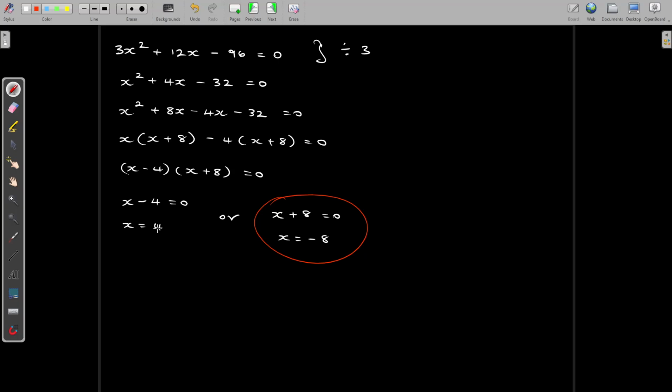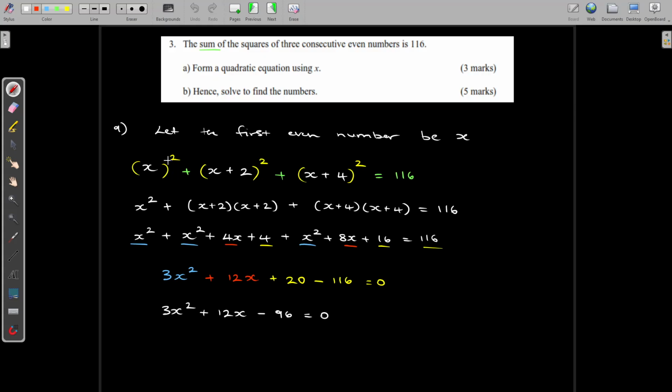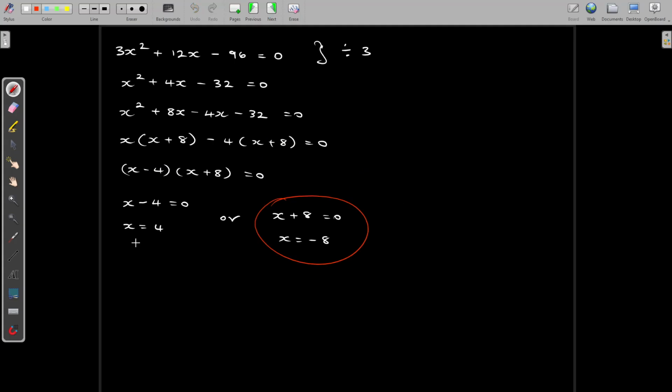So we said that x is equal to 4. And look around here, we assumed that x is the first even number. So if x is the first even number, and x is equal to 4, that means the next even number following 4 would be 6, and the one after that would be 8.